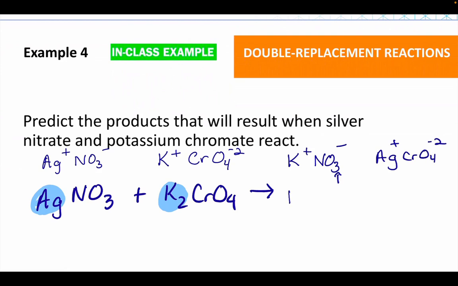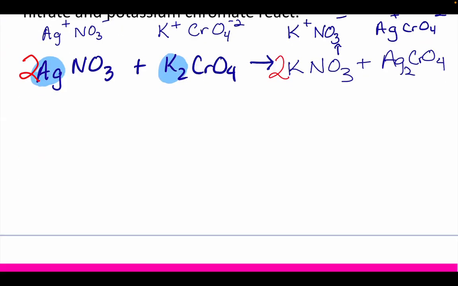So then our formula is going to be KNO3 plus Ag2CrO4. And then you can balance it. We're going to need 2 silvers. We're going to need 2 nitrates and 2 potassiums. So that is it.